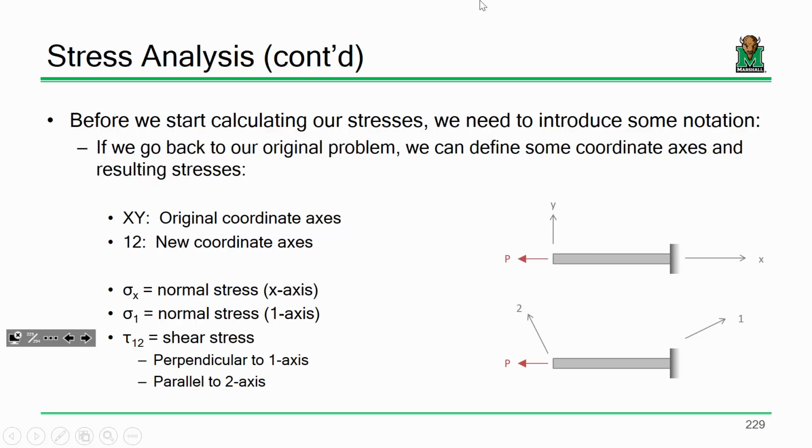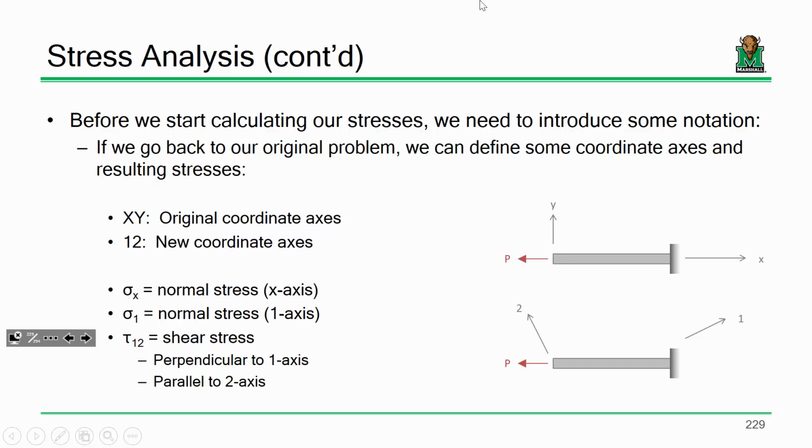Now what I have done is I've taken this and I've cut it at an angle. By cutting it at an angle, I'm going to define a new set of coordinate axes, right? And just so we're clear on the naming, I'm going to call this the 1, 2 axis. Make sense? So when I write sigma sub x, I'm saying that that is normal stress along this x-axis.